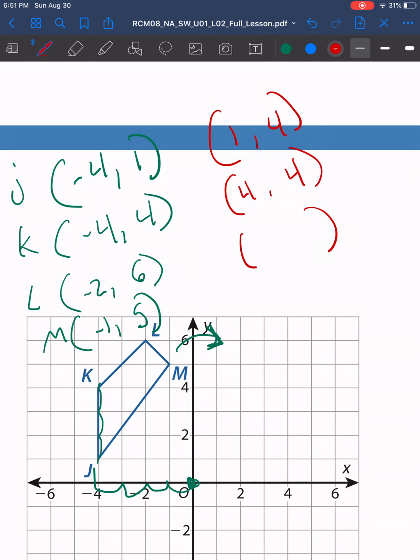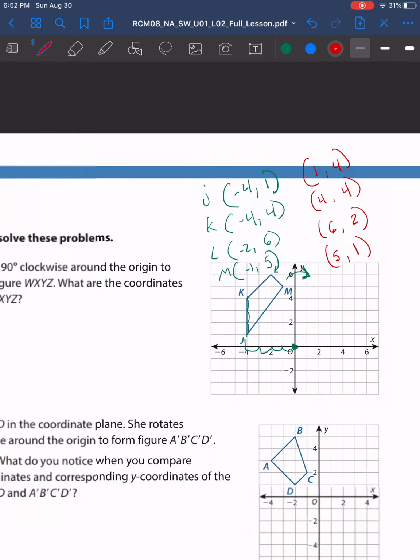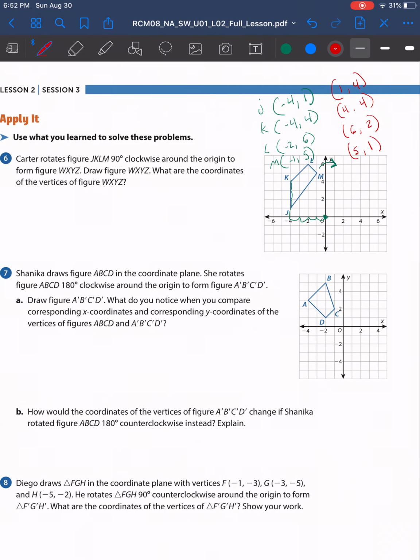So first the numbers switch places, so this would be 6, -2, but the x changes to its opposite, which would make this +2. 5, -1, but the x switches to its opposite, which would make this +1. Okay. That would make this W, X, Y, and Z. See how they correspond to one another?